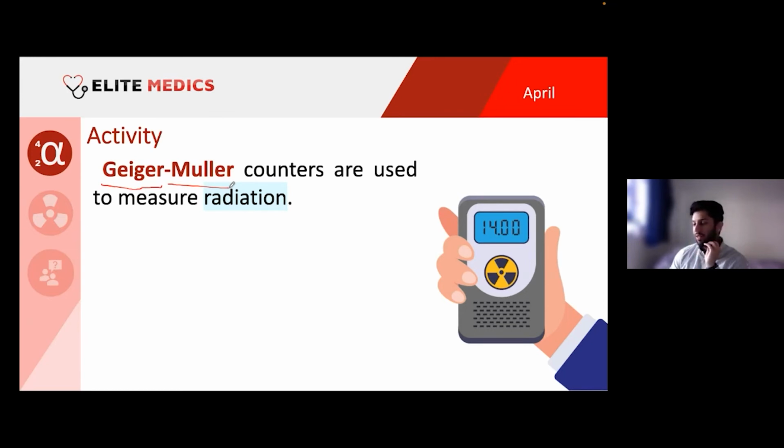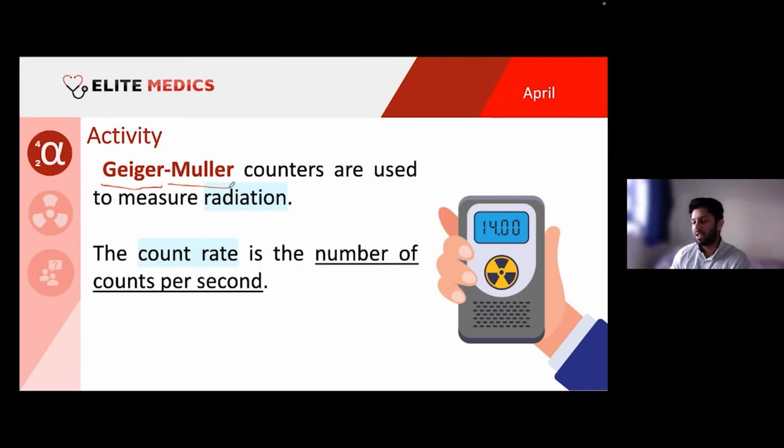This counter has a little window where you can point it towards a radioactive source, and the emissions go through the tube and hit the walls of the tube. The tube registers this as tiny electrical interferences, counts the number of interferences, and then gives you a reading of 50 or 100 or a million or any number.